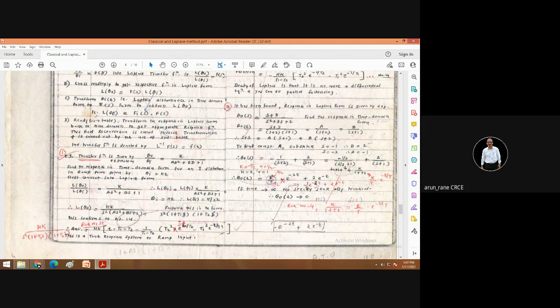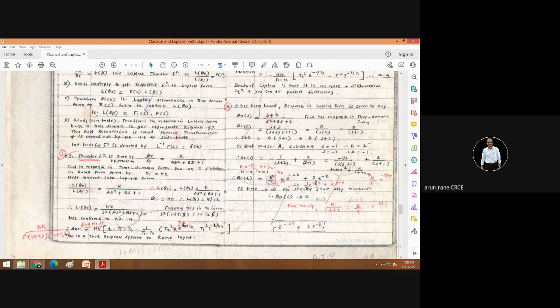Find the response in time domain form for an input disturbance in ramp form given by theta I is equal to ht. So I will now write this in Laplace form. Laplace of theta O upon Laplace of theta I is equal to k upon A s square plus B s plus 1.